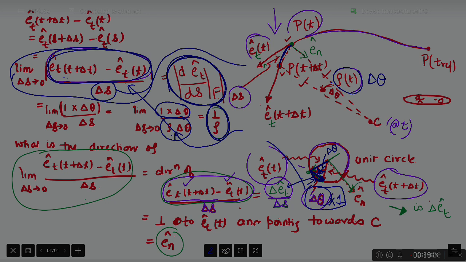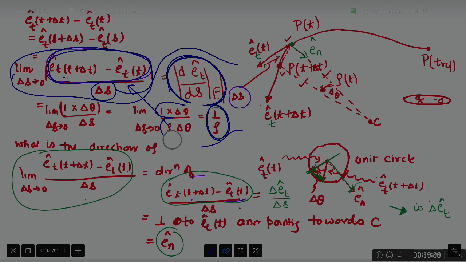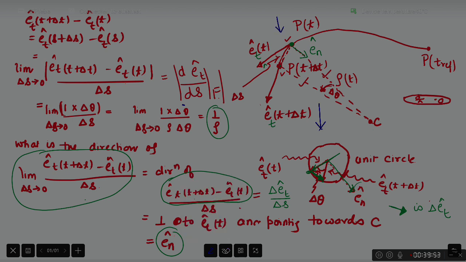Now the next question is, what should be the direction of this vector? One part I have already obtained. Now let's work on finding what should be the direction of this vector. Again, I am going to appeal to the geometric details that I have on this slide, this figure and this figure, to infer the direction.